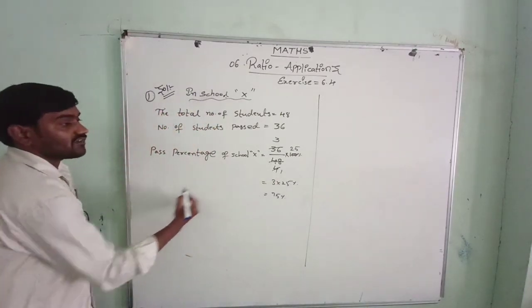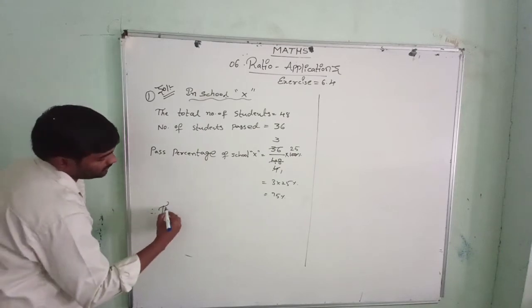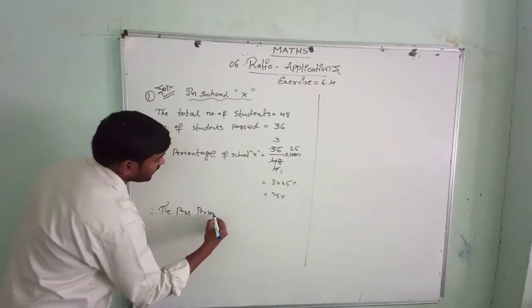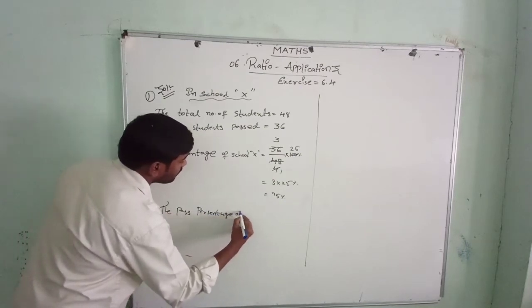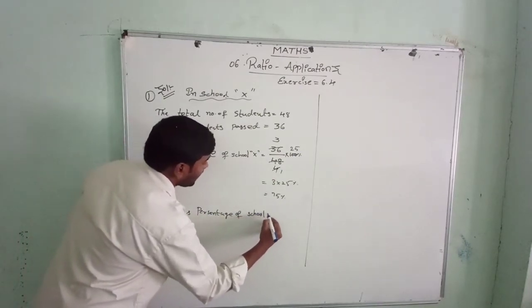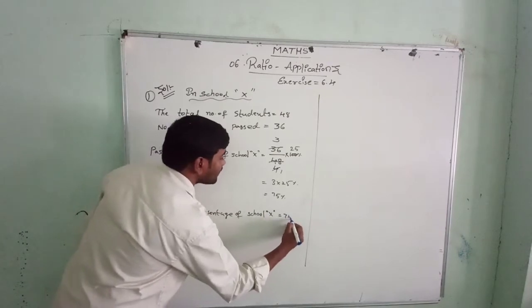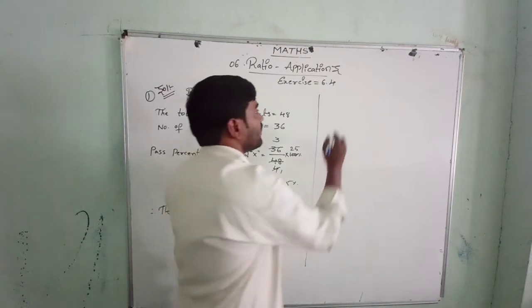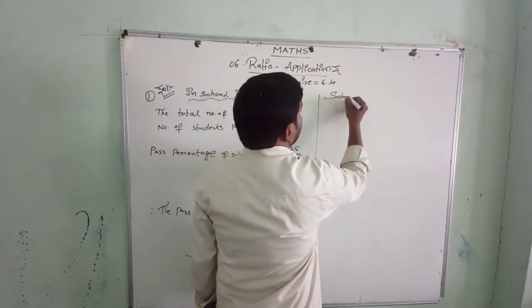So the pass percentage of school X equals 75%. Only 75% of people passed. The remaining 25 failed, but we don't require the failures.